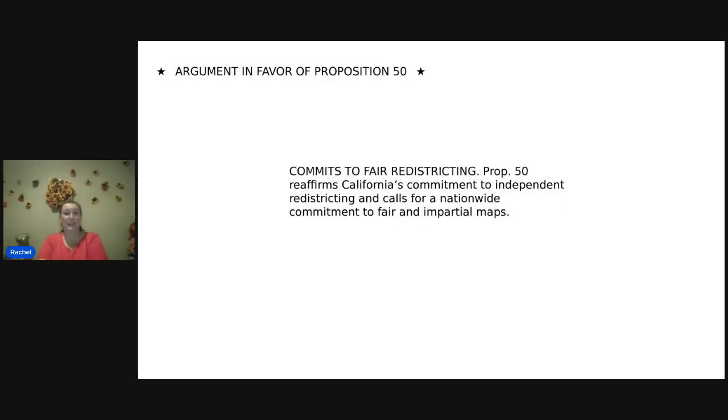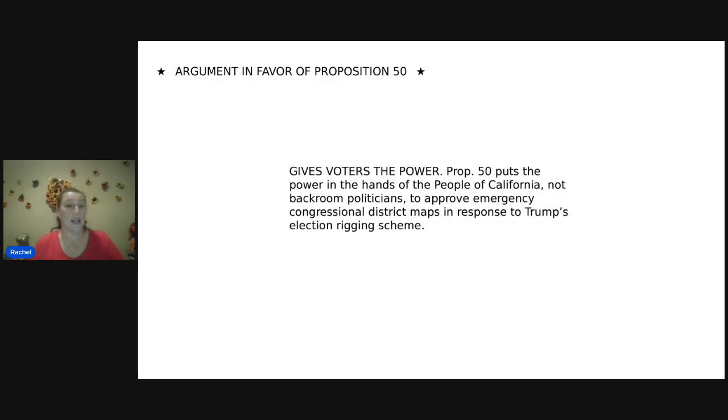Commits to fair redistricting. Prop 50 reaffirms California's commitment to independent redistricting and calls for a nationwide commitment to fair and impartial maps. Gives voters the power. Prop 50 puts the power in the hands of the people of California, not backroom politicians, to approve emergency congressional district maps in response to Trump's election rigging scheme.